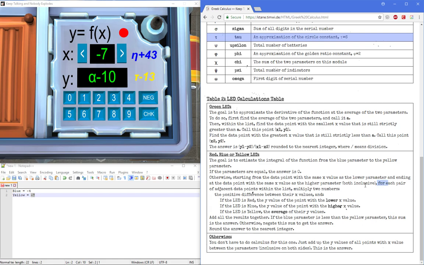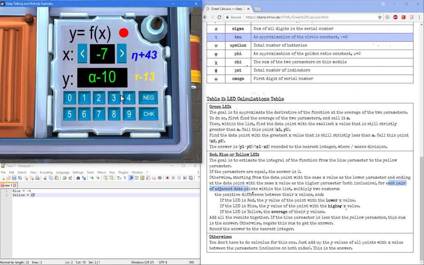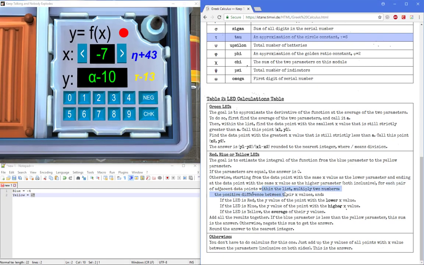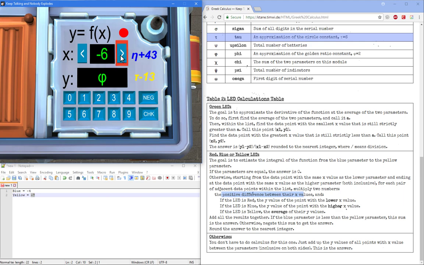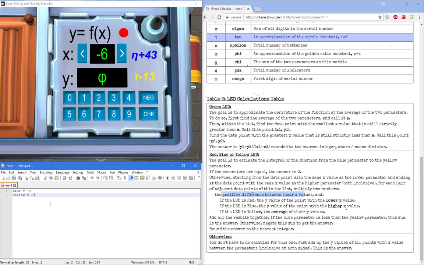So for each pair of adjacent data points, which is this negative 7 and negative 6, within the list you multiply two numbers. The first number is the positive difference between the x values. So the positive difference between negative 7 and negative 6 is 1.